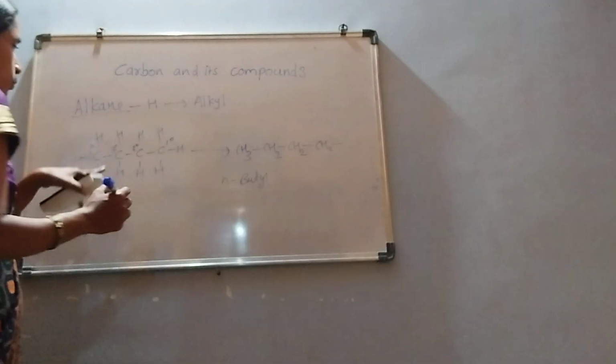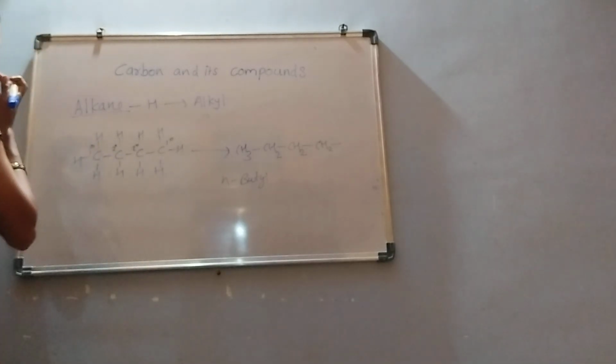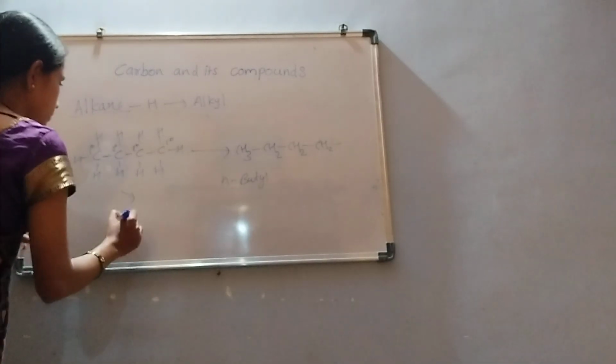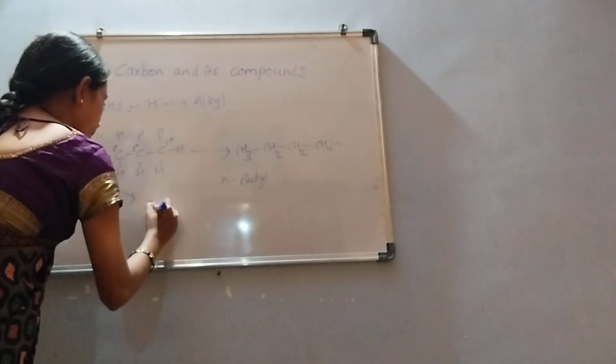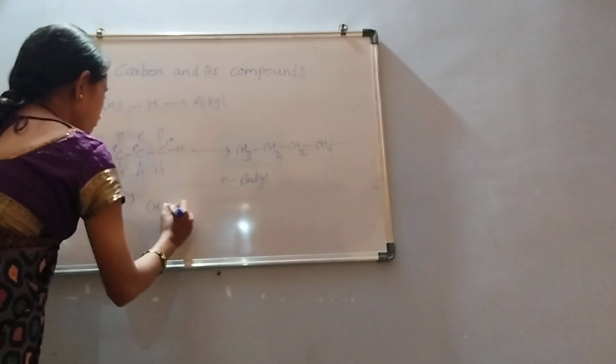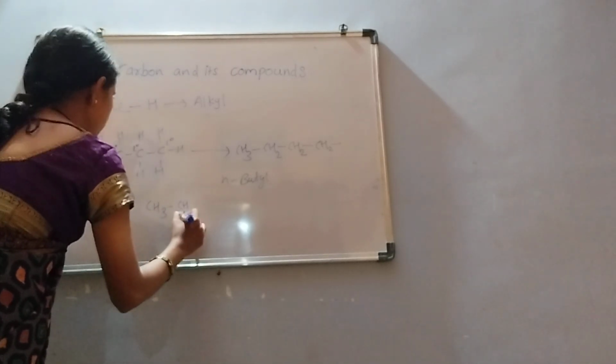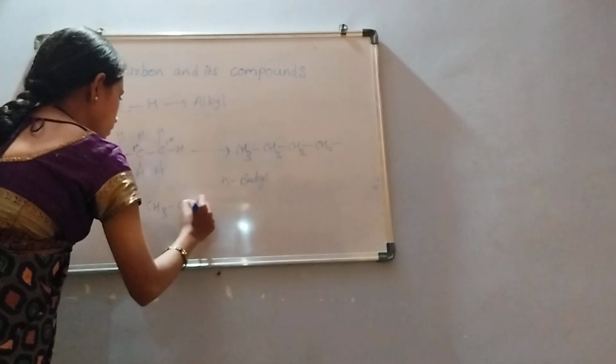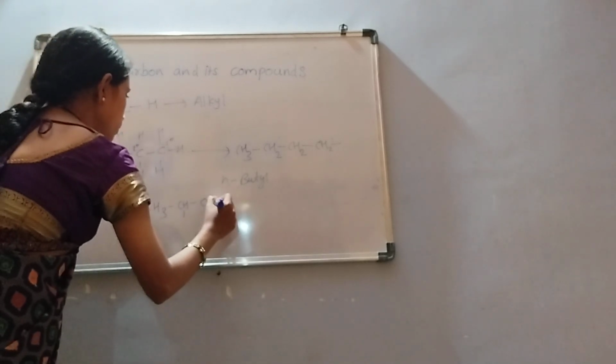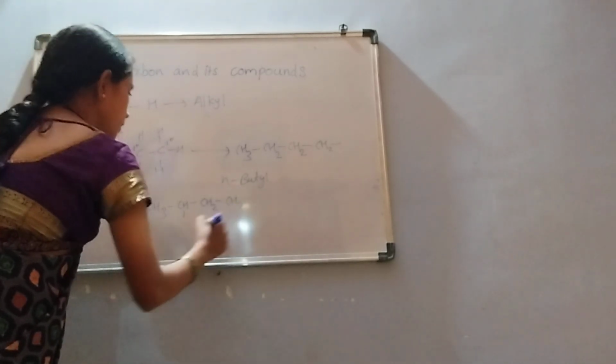And now if we are removing a second degree hydrogen, then how are we going to write it? CH3 CH CH2 CH3.